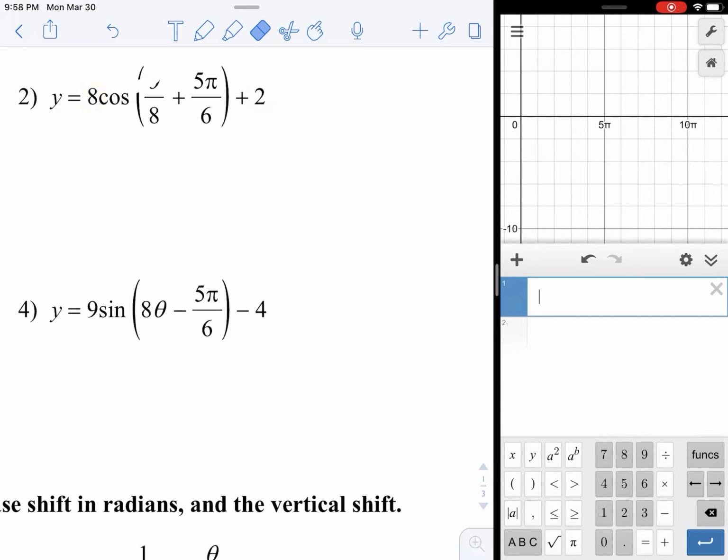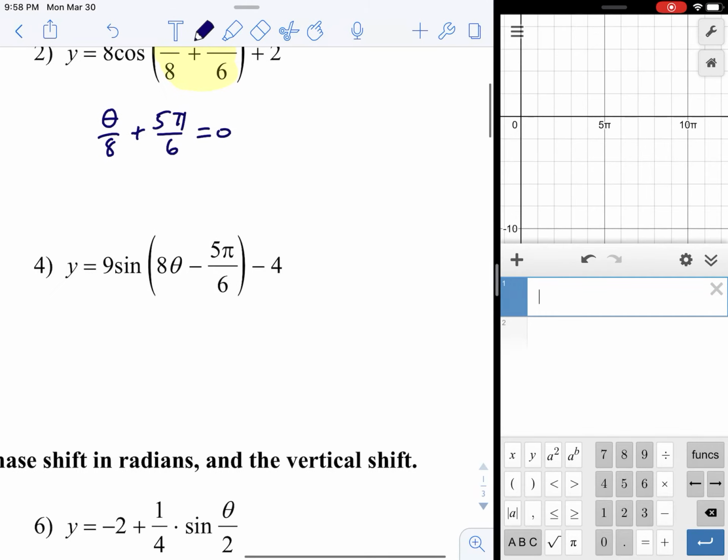So phase shift. Phase is another word for horizontal, at least in trig it is. So if you move a graph to the left or the right, it's a phase shift. To find the phase shift, basically, you take the expression that's in these parentheses, the whole thing, and then set it equal to 0 and solve it.